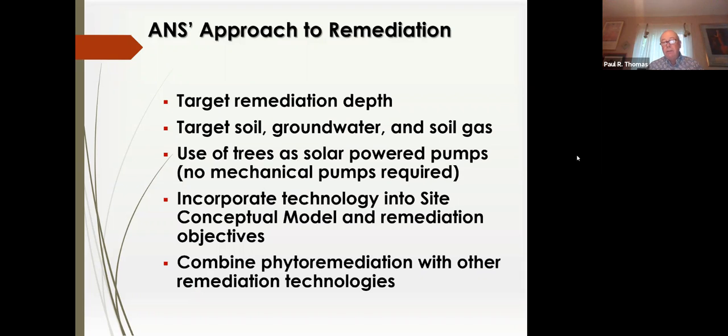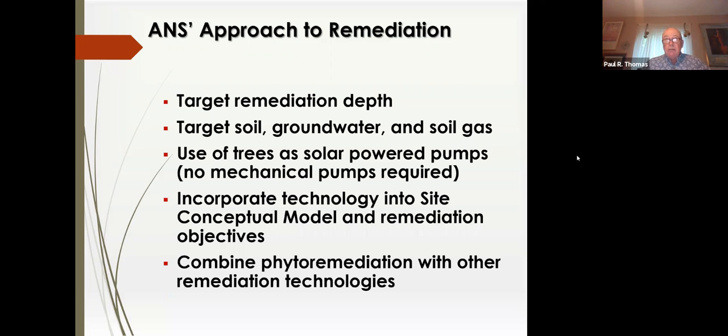So our approach is to be able to target specific depths in the soil column in order to address contamination at specific depths in either soil or groundwater or soil gases. Our goal is to use trees primarily as pumps in order to move contaminated water upward through a constructed column of backfill soil.